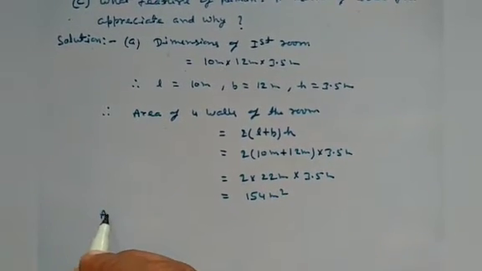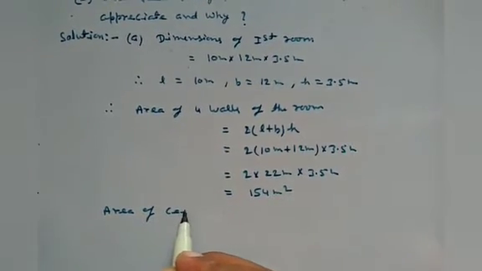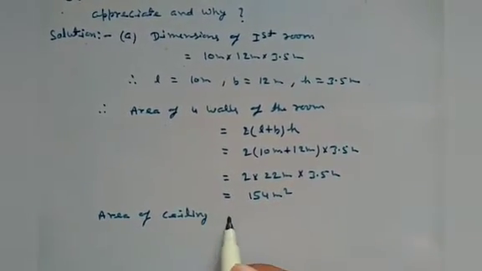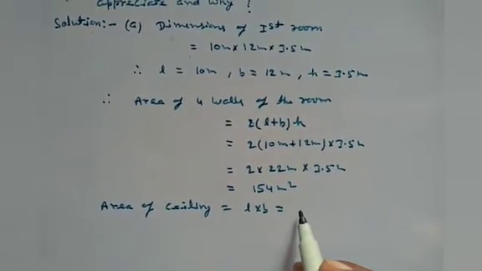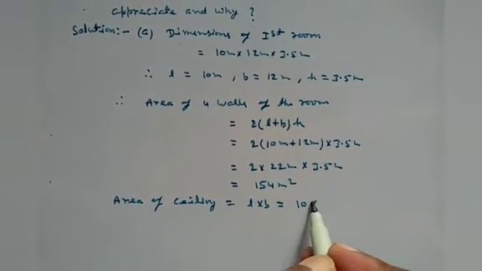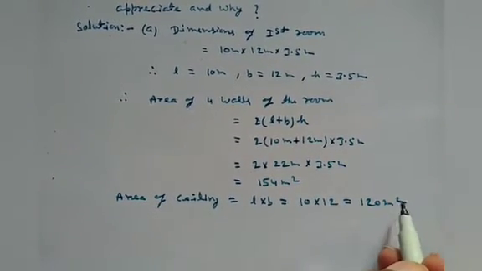Again, area of ceiling equal to L into B, equal to 10 into 12, equal to 120 meter square.